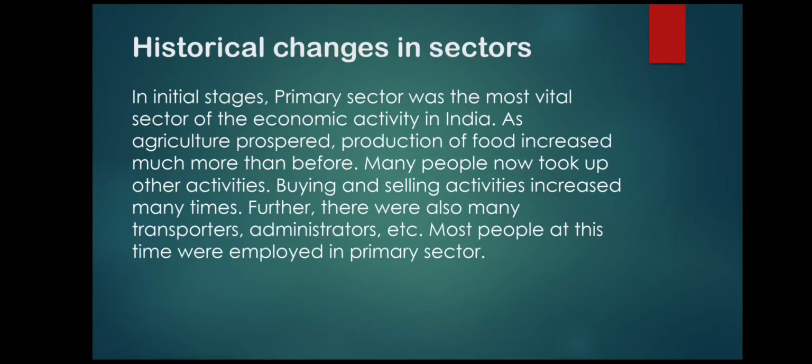So, at the initial stage in India, the most important economic activity was related to the primary sector, and mainly it was confined to agriculture. So people focused on increasing their production so that they could earn more and more profit. Once agriculture was done, people later realized that there are various other activities related to agriculture that can be taken up, such as buying and selling activities.